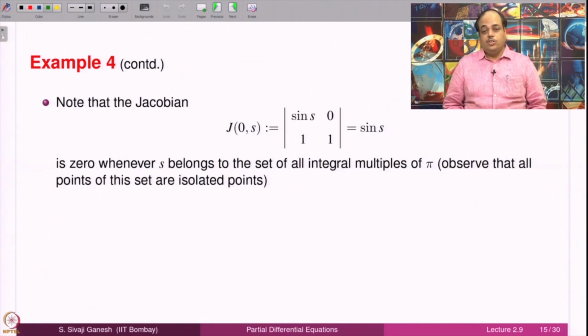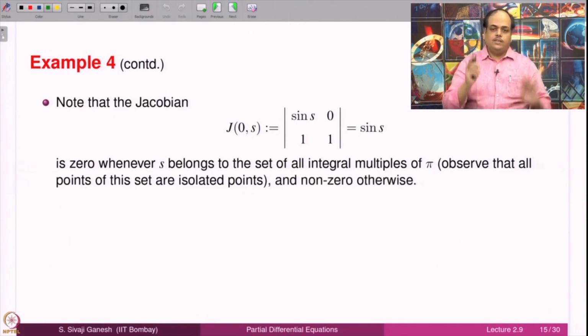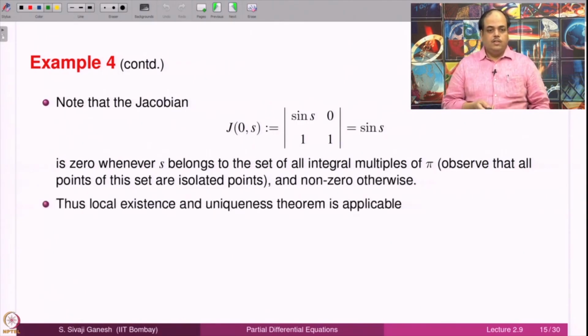Okay. So, Jacobian, if you remember, we have pointed out the ways of failure of the transversality condition, and there we said it is a possibility that you have a sequence s_n along which J is 0 and converging to some point. Here it is not happening, these are all isolated points, there is no convergent subsequence of these multiples of pi. Otherwise, the Jacobian is non-zero.